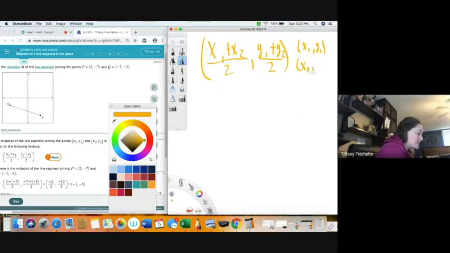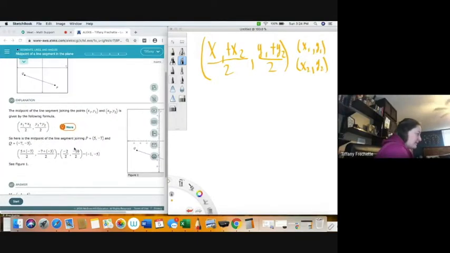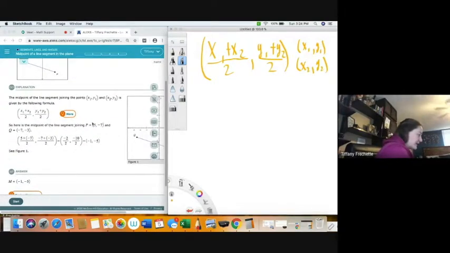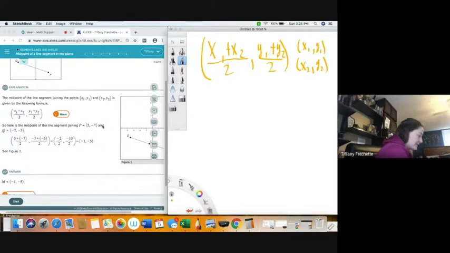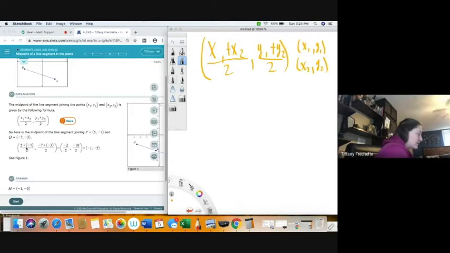So the first coordinate will be x1, y1. The second coordinate is x2, y2. So they actually give us a couple coordinates here, and they show them being plugged in here. So they give us P, and they give us Q, and then they show them being plugged in down here.